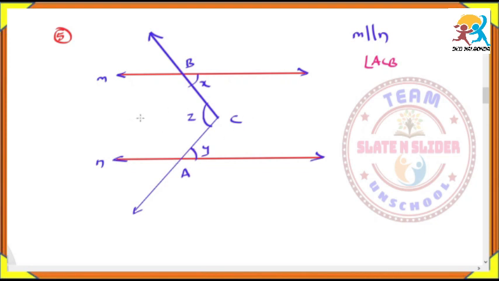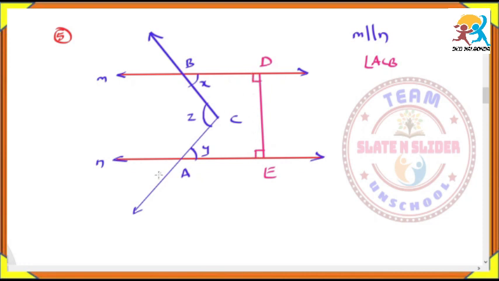For this we have to draw a perpendicular to M and N. Actually this M and N are parallel. So I will draw a perpendicular. This is the construction, and this is a perpendicular. I will add the names. It is A, B, C and this is D. This is E. The perpendicular is 90, and this is also 90.